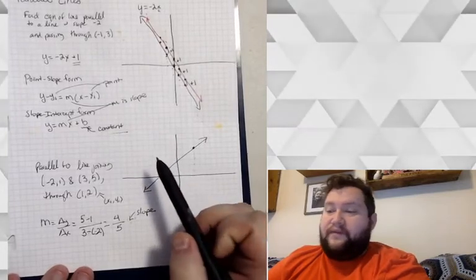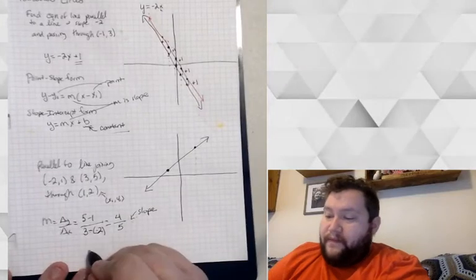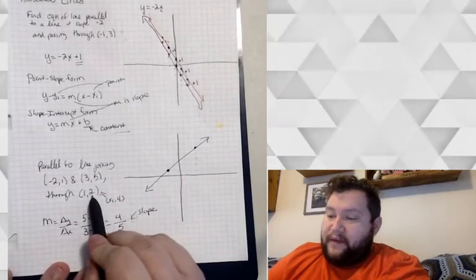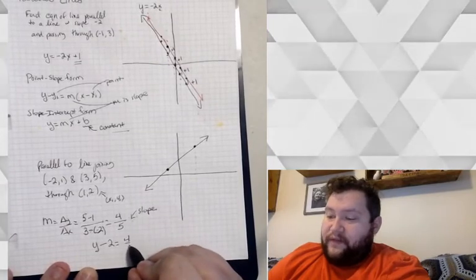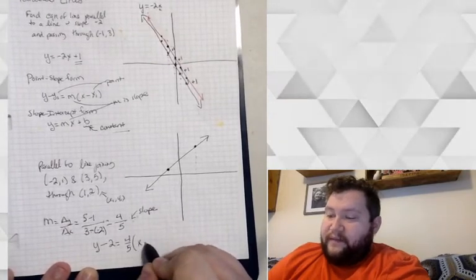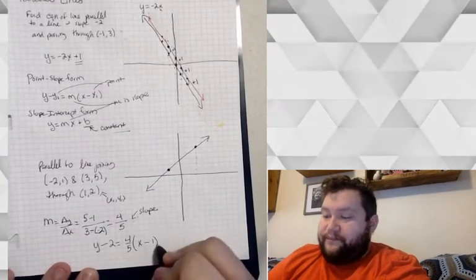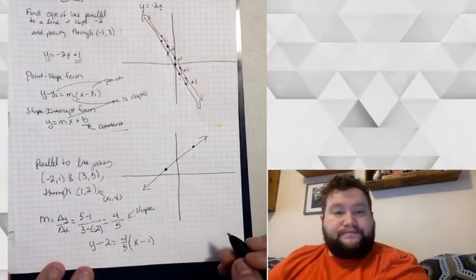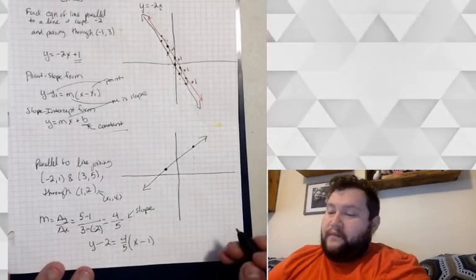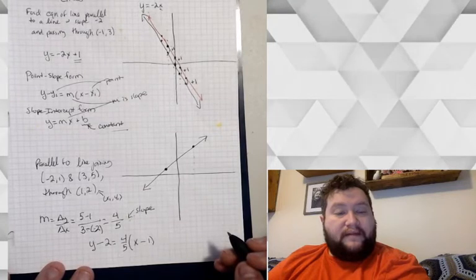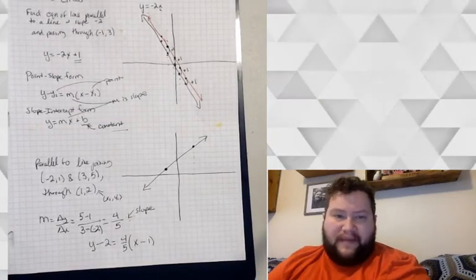And so if we want to use either of these forms, let's say point slope form, y minus my y value, 2, equals m, which is 4/5, times x minus x1, 1. And if you want, we can go ahead and simplify this, because you're like, that doesn't look like our y equals mx, right?